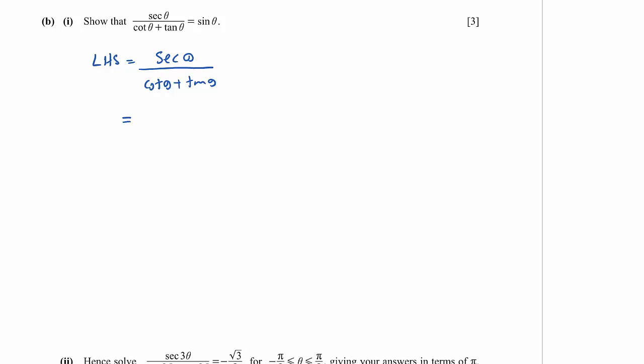Okay, so that's sec theta over cot is cos theta over sine theta, and tan theta is sine theta over cos theta. Now I don't want fractions, and in fact this sec theta of course is 1 over cos theta. So I'm going to multiply top and bottom by sine theta cos theta.